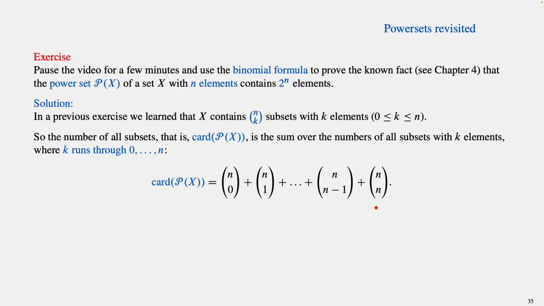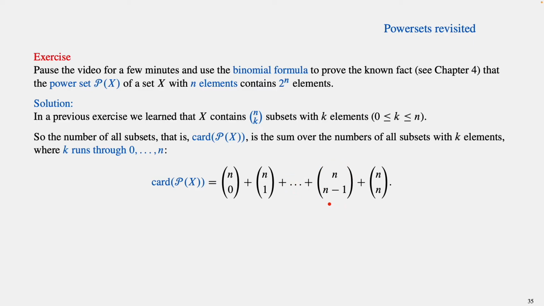So we get the sum here: n over 0 for the subsets with 0 elements, which is just the empty set, so it's just 1. Then the subsets with 1 element, which just correspond to the elements of the set X, so this is just n, plus then the next would be the number of subsets with 2 elements, and so on.